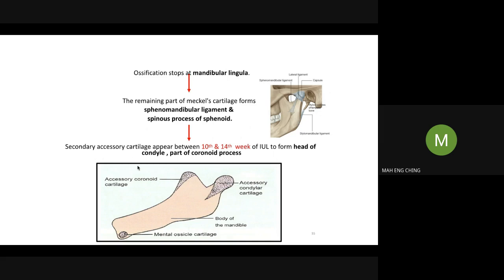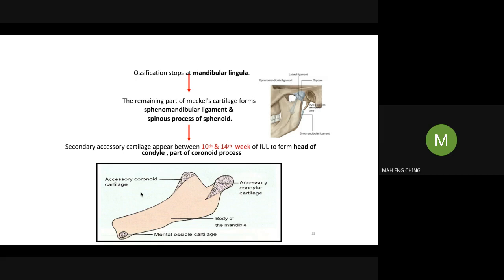So I want you to focus on this picture. You see this peach color is the body of the mandible, and this light pink color with the dots is considered secondary cartilage. So secondary cartilage will form the condyle, the coronoid process and the symphysis. We'll talk about this later.